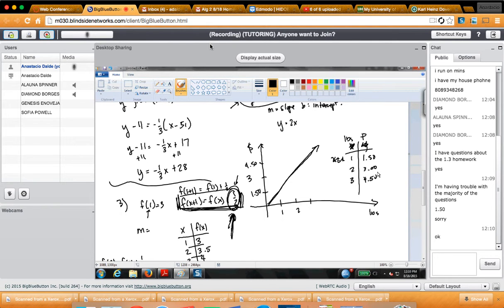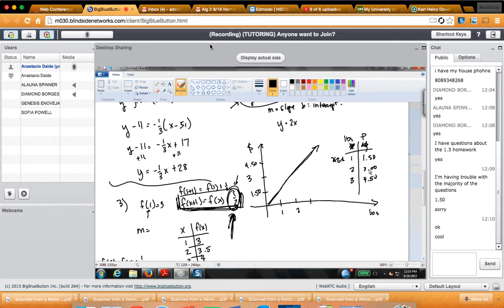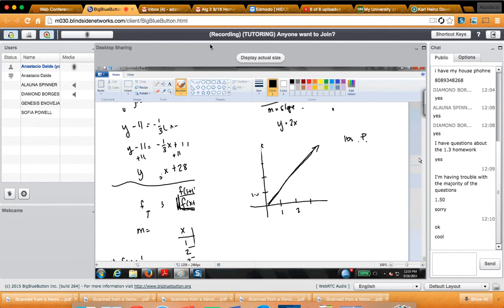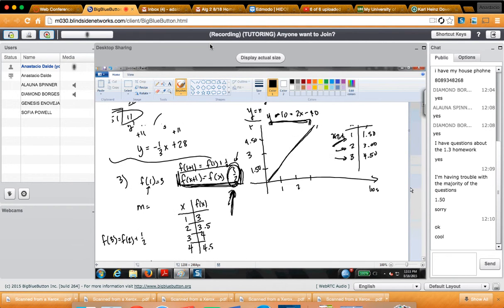All right. And then what I could do is take any 2 of these points, this one and this one, or this one and this one, it doesn't matter, plug them into my slope formula and then calculate out the slope. The m equals y2 minus y1 over x2 minus x1. Let's do that real quick. I'm going to make it hard.